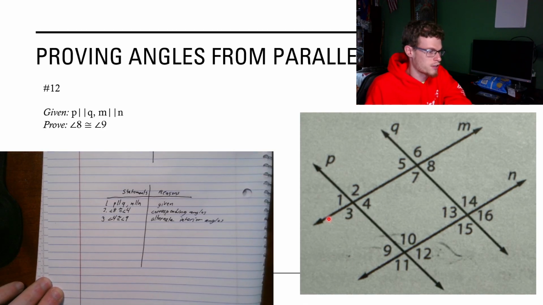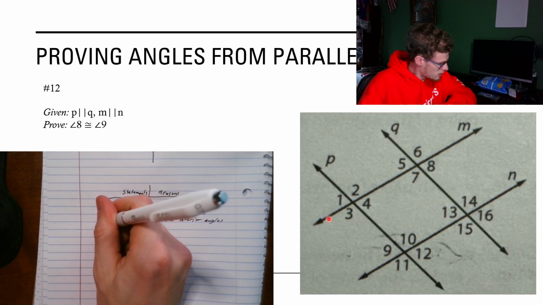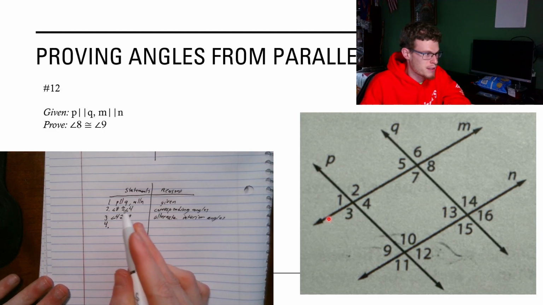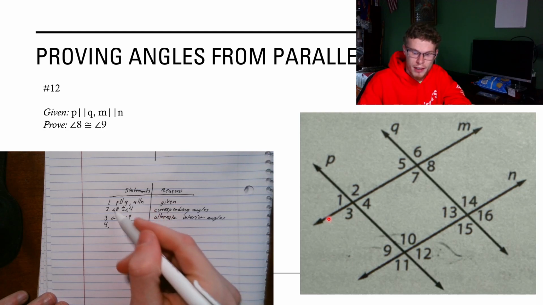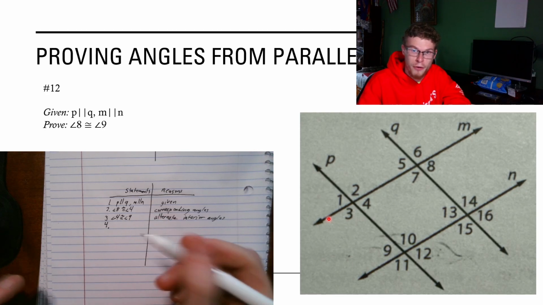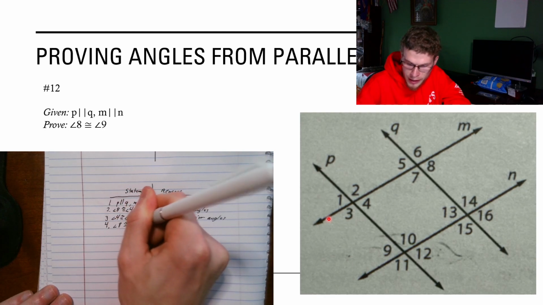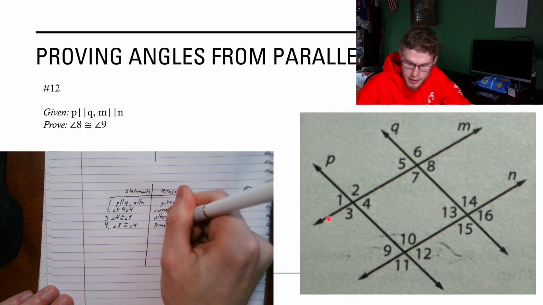Since they're alternate interior, then we can simply apply the transitive property here, because the transitive property says if A equals B and B equals C, therefore A equals C, right? So we have 3 angles here. Angle 8 is congruent to angle 4, angle 4 is congruent to angle 9, so therefore it's pretty reasonable to say angle 8 is congruent to angle 9. Transitive, that is the transitive property.